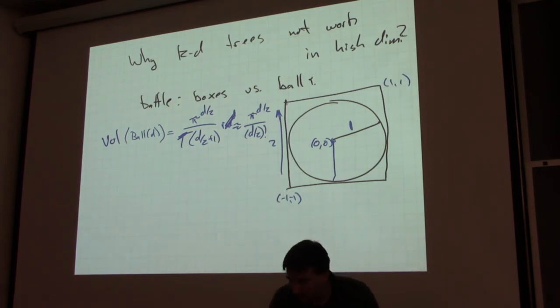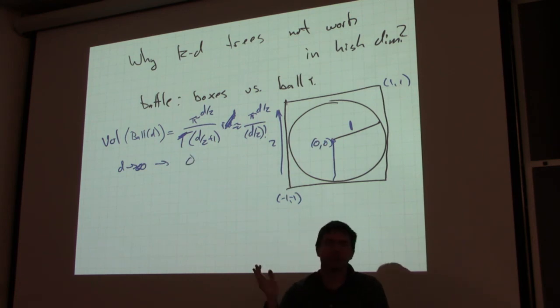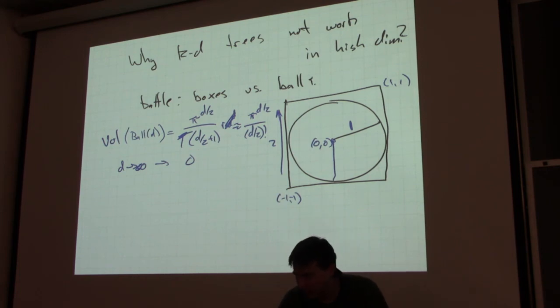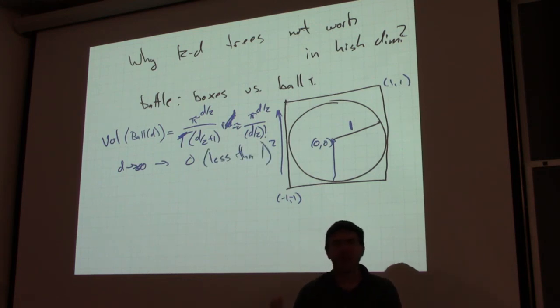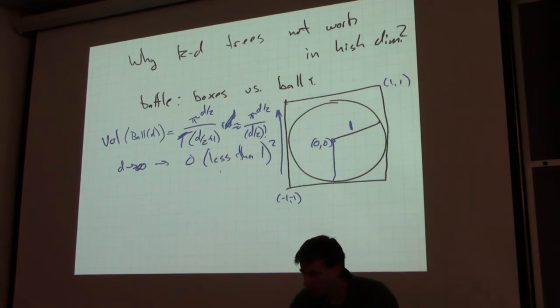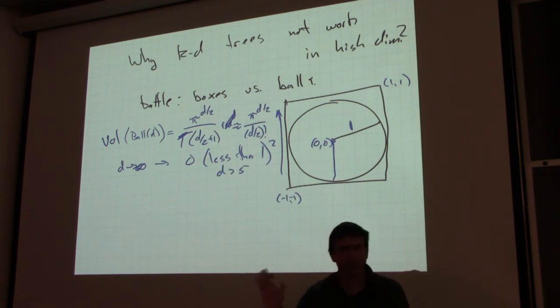So as d goes to infinity, this ends up going to 0. Don't worry about how fast or slow it goes to 0, but it's going to be less than 1 for everything after something like d equals 5. Okay, for d, say, greater than 5 or 6, something like that.